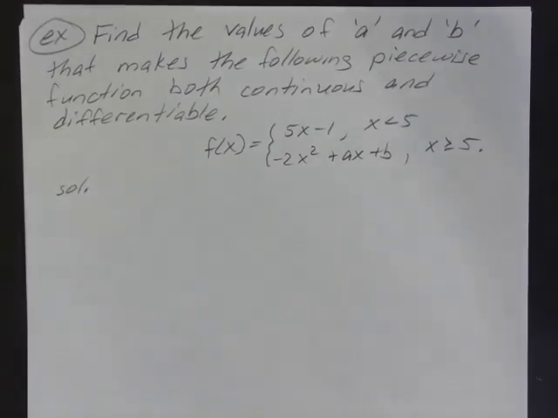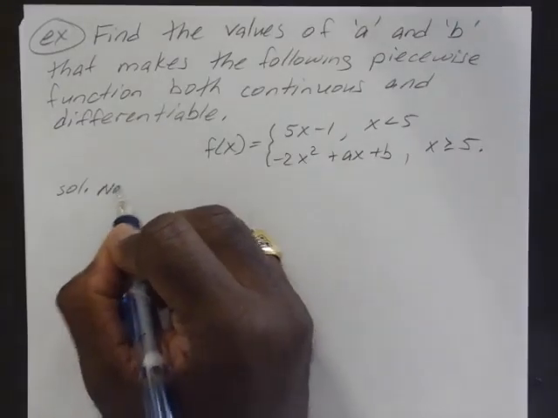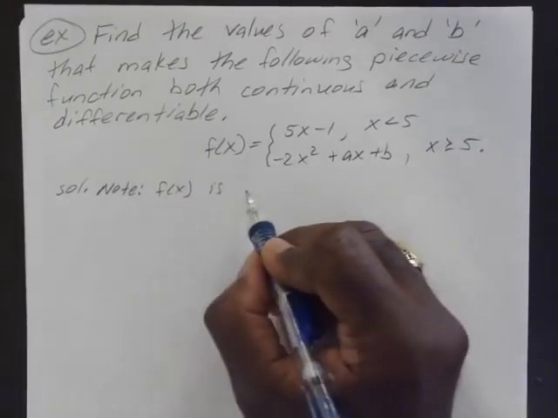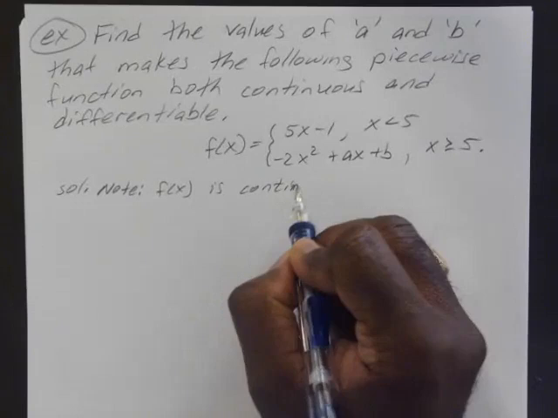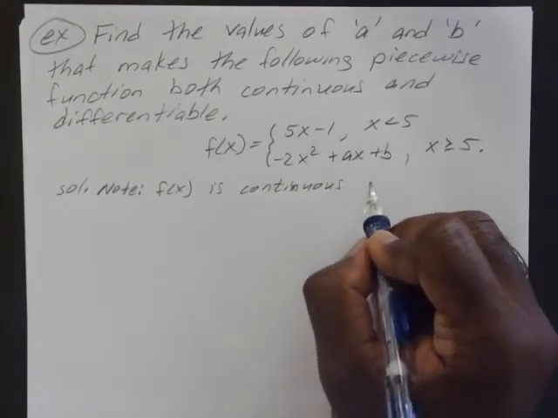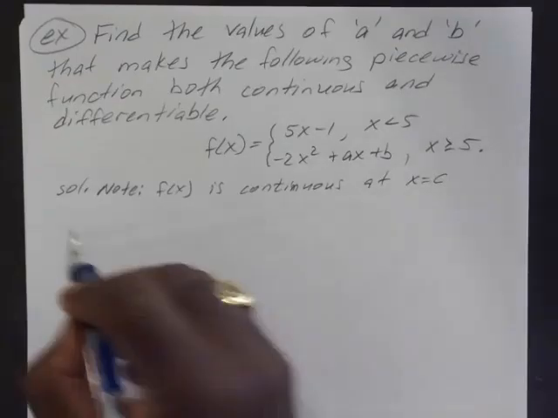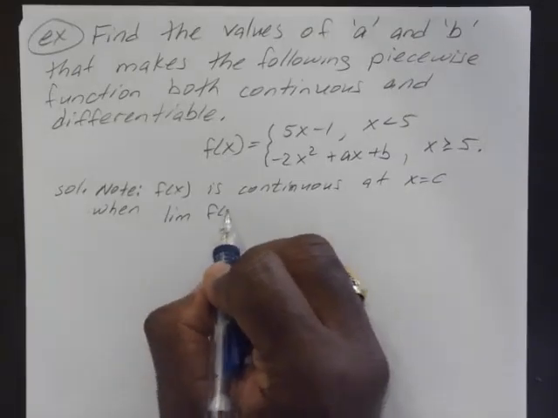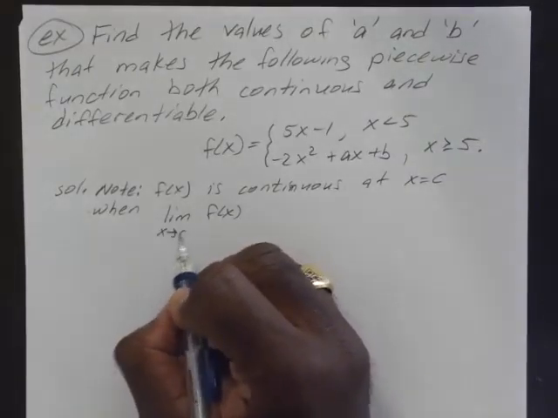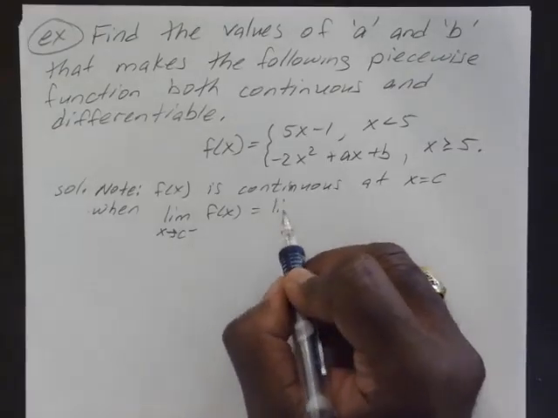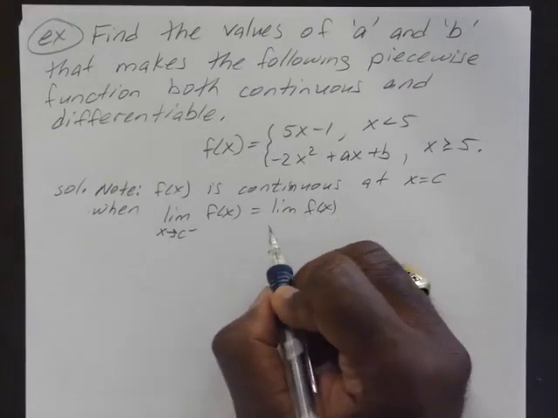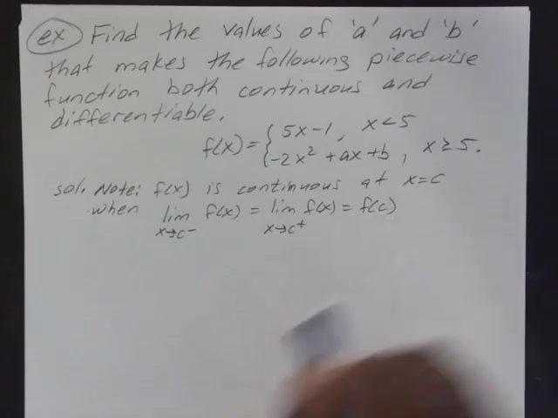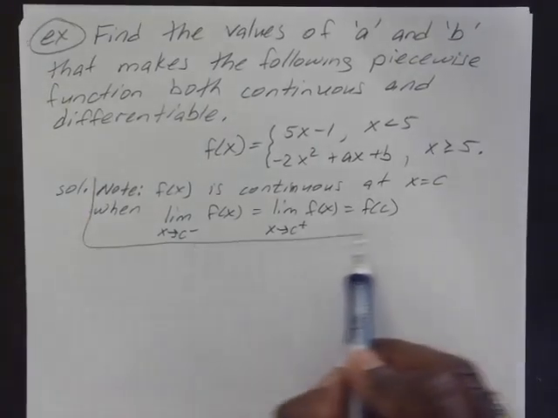Okay. So again, for continuity, we just have to remember that f of x is continuous at x equals c when the limit of f of x as x approaches c from the left is equal to the limit of f of x as x approaches c from the right, and they're both equal to some real value f of c.